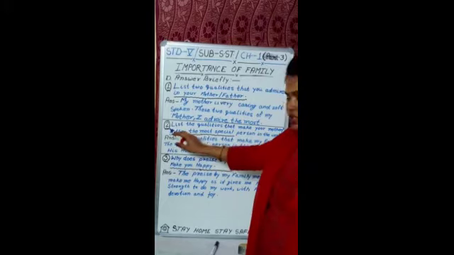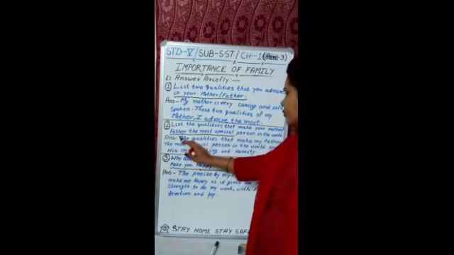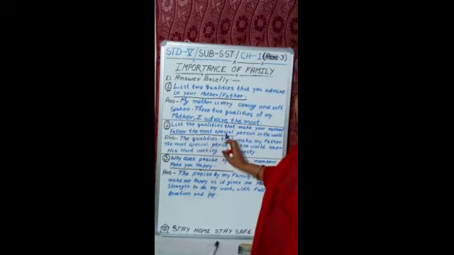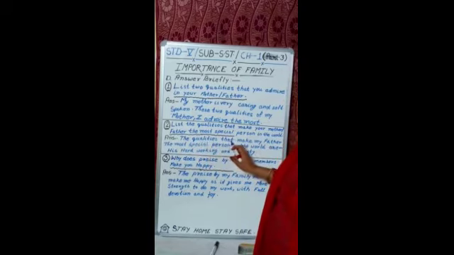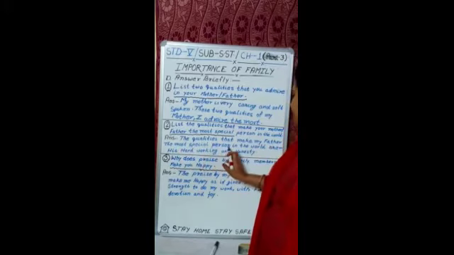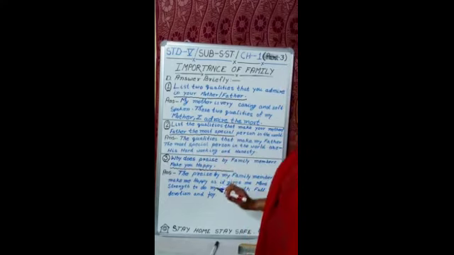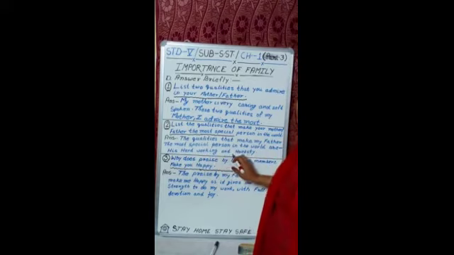Okay. Question number 2 is here. List the qualities that make your mother or father the most special person in the world. So the answer is here. The qualities that make my father the most special person in the world are his hardworking nature and honesty. Yes, father is hardworking and he is very honest.